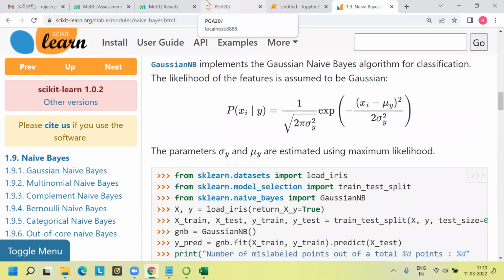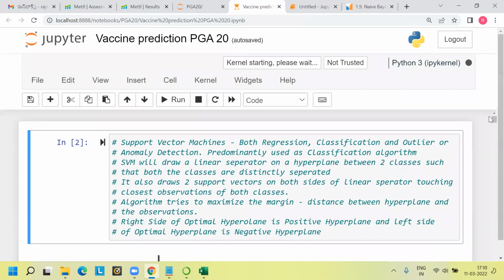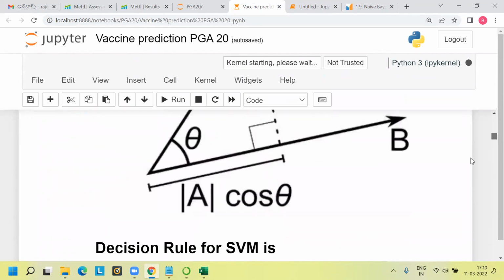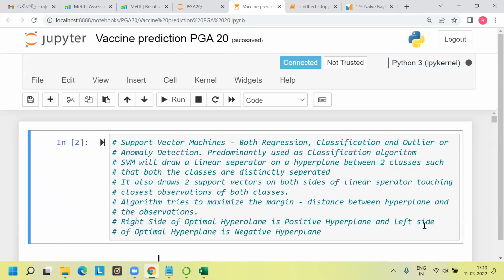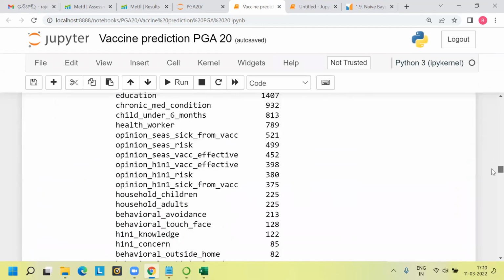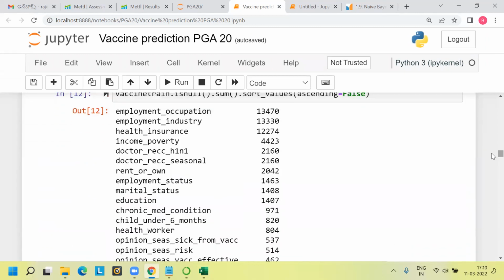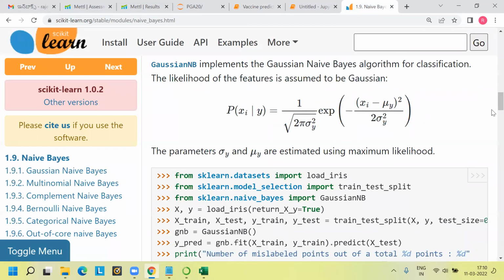If we go to our vaccine prediction notebook, are our independent variables normally distributed? No, right? They were all categorical, binary. Most of them are categorical and binary. So we can't use Gaussian naive Bayes.